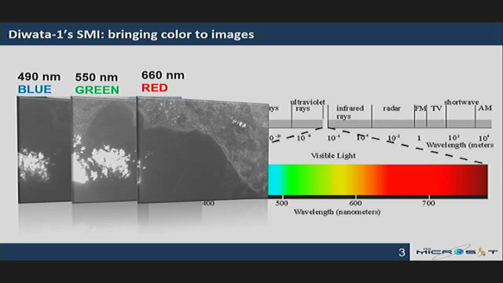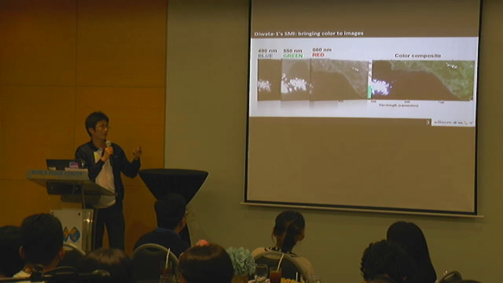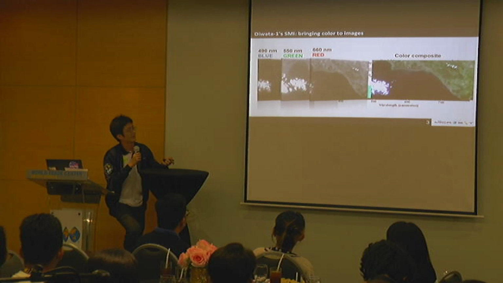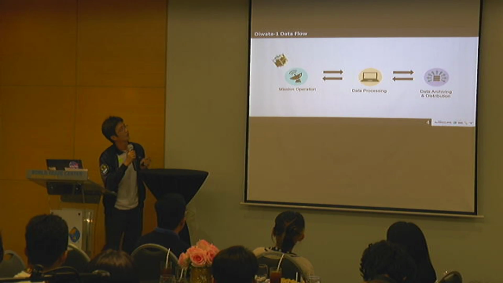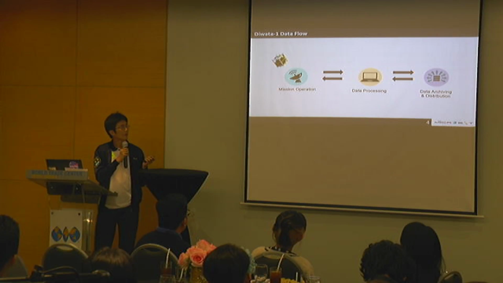Using these images, we make a color composite. I think this was taken in Negros Occidental. Just to give you a background, that's what Diwata 1's outputs look like.